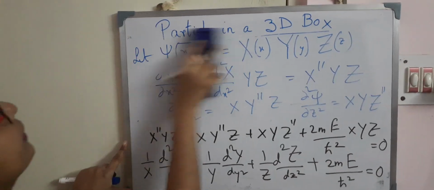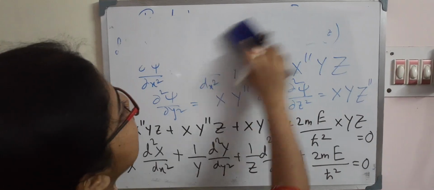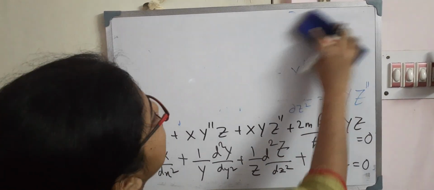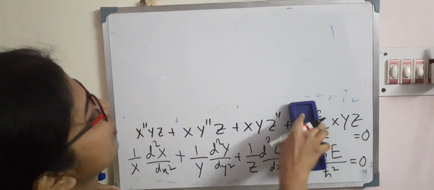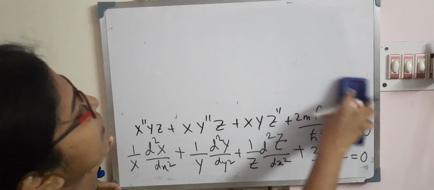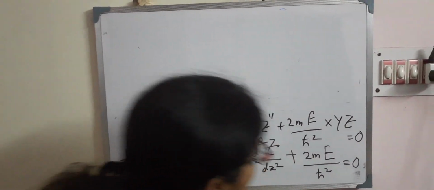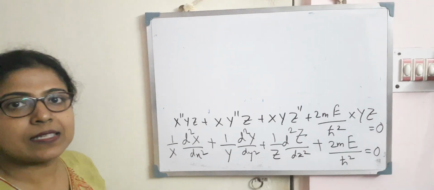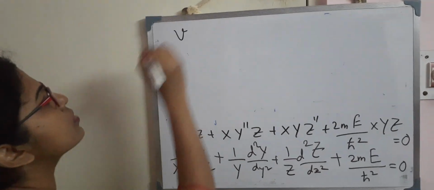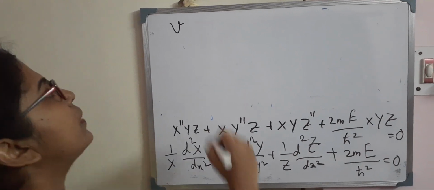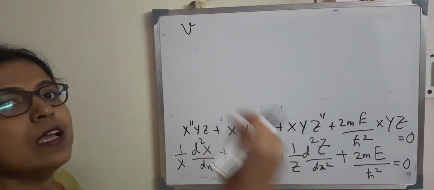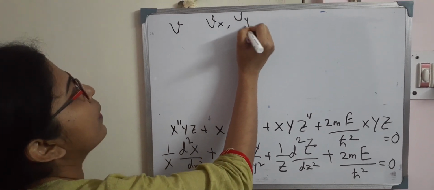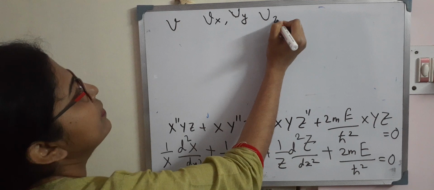Now let us just take a look at this E. This E is the energy of the particle. Since the potential energy of the particle here is 0, this E indicates the kinetic energy of the particle. Since the particle is moving in all three directions, x, y and z, if v is the velocity of the particle, we can write down the components of this velocity separately as vx, vy and vz.